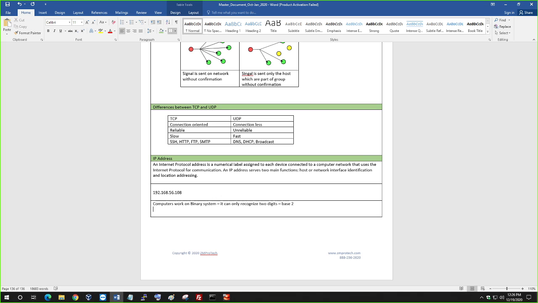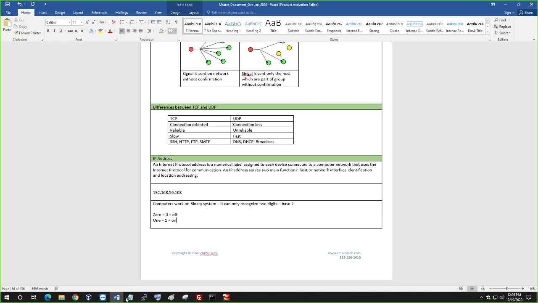Base 2 is only 2 digits: 0 equals 0, and 1 equals number 1. 0 also means off and 1 also means on. Let's see how this works.